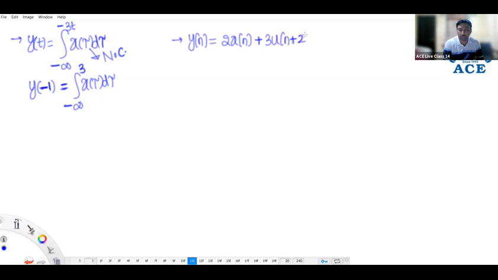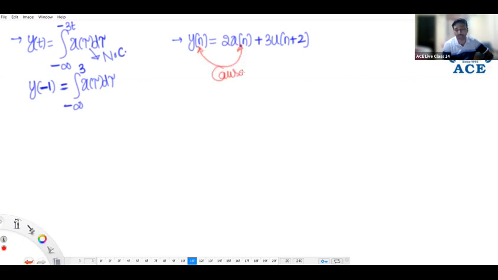Now everyone respond. 2x[n] plus 3u[n plus 2], a discrete system. It is 100% causal. y[n] depends on x[n].